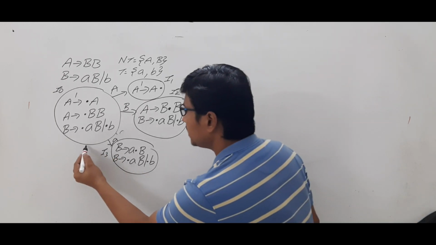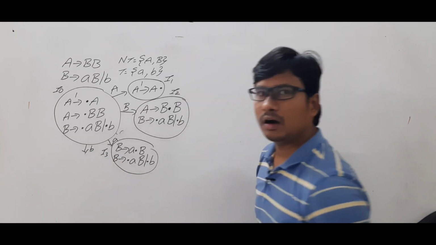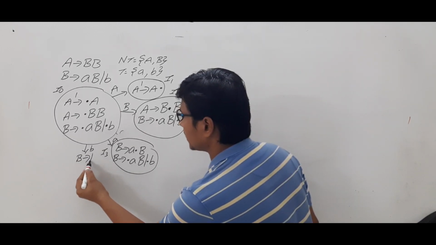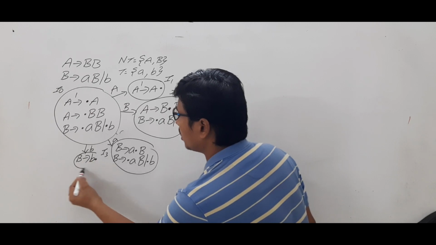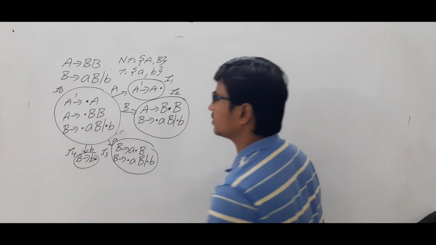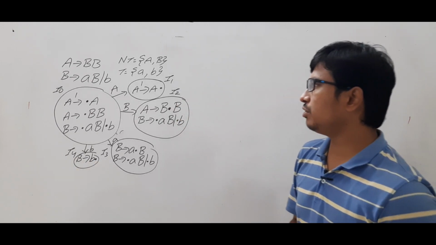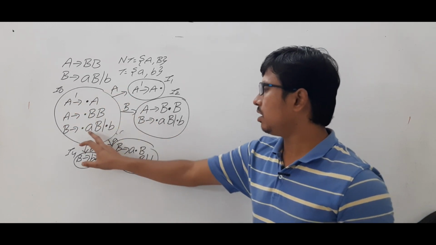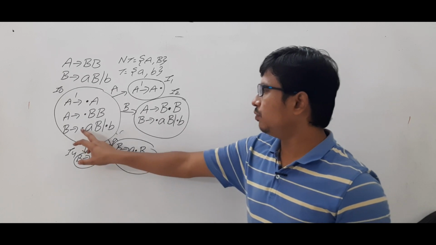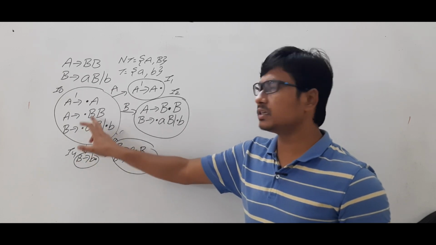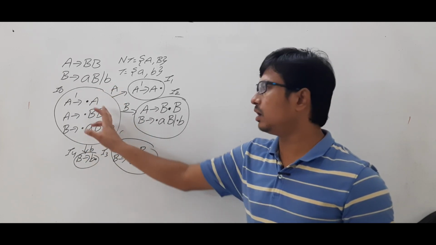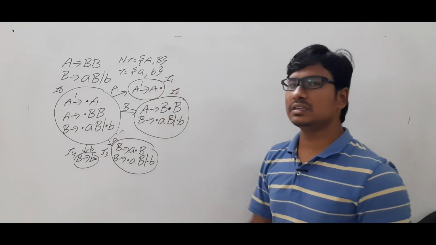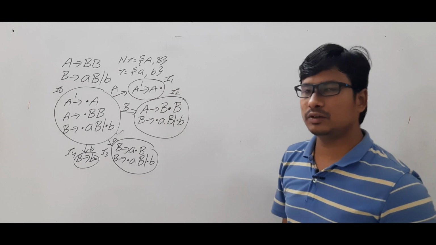Now I0 on small b gives B determines b dot, which is my I4. So from I0 I have computed on A, on B, on small a, on small b. Wherever there is something after the dot, you need to compute the goto from that item. Now I1 is completed because it is a reduce move.